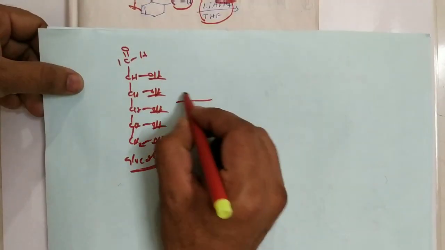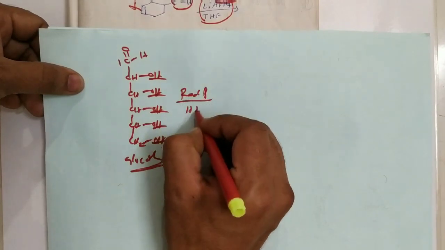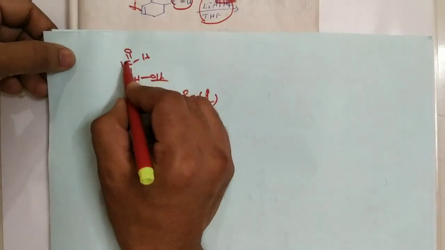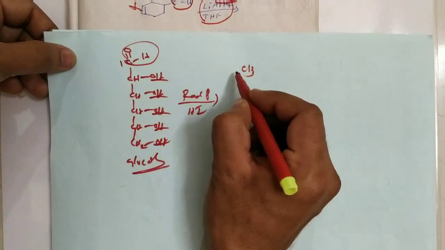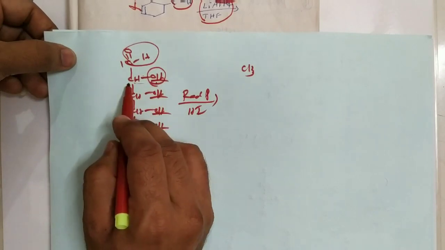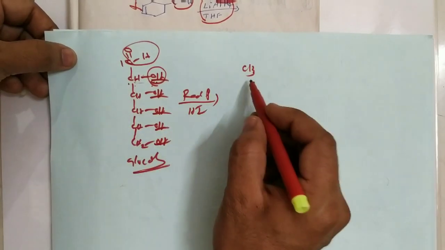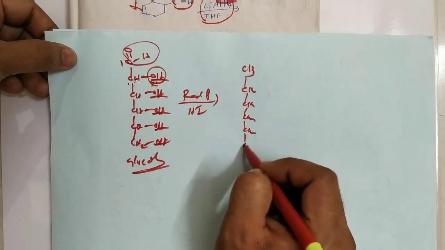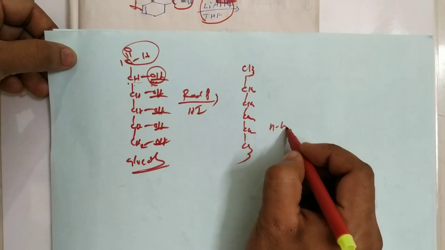So this one is treated with red phosphorus and HI. Already you discussed in a teaching class. This aldehyde group is converted to CH3 and this is converted to CH2. That means OH is converted to H. So that produces n-hexane.